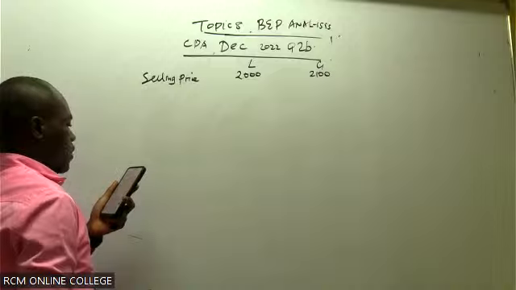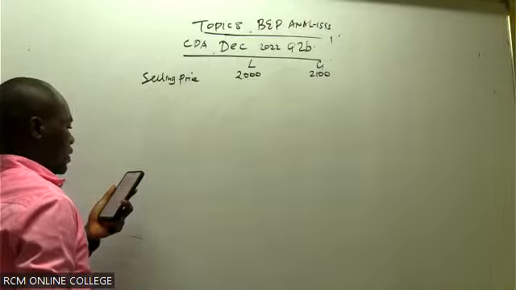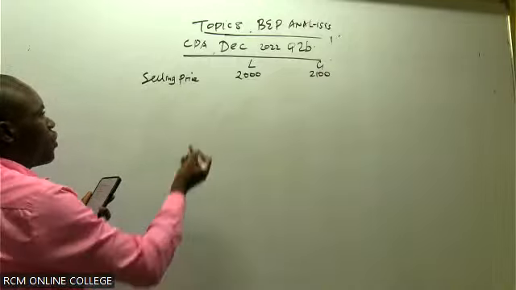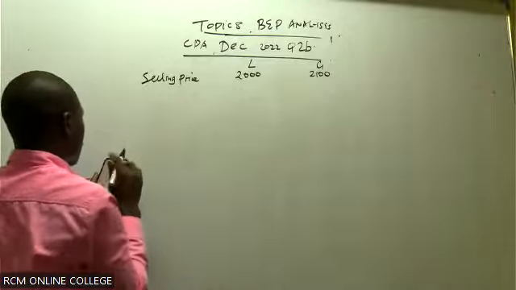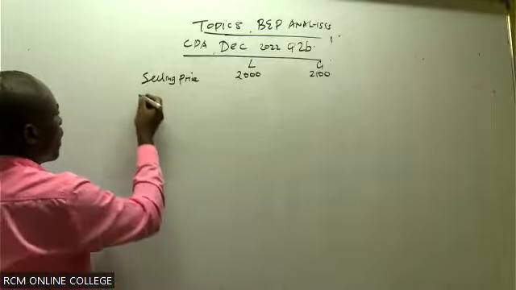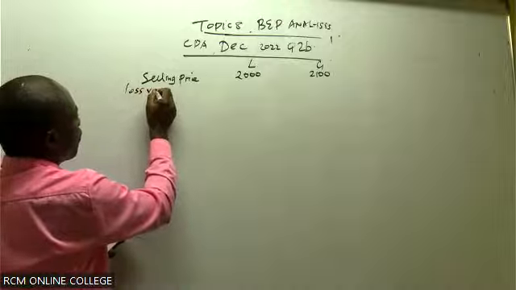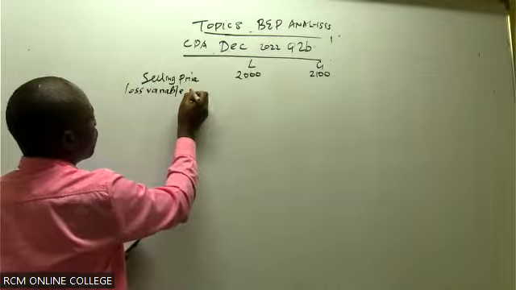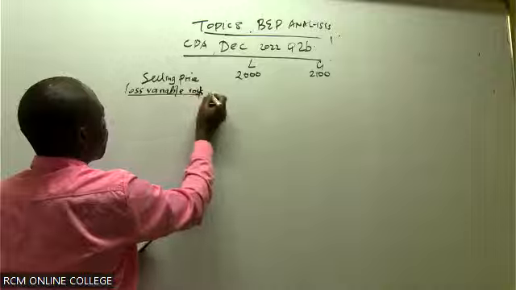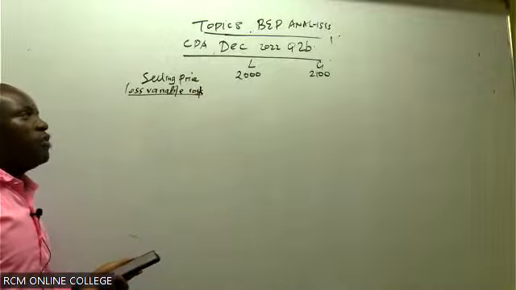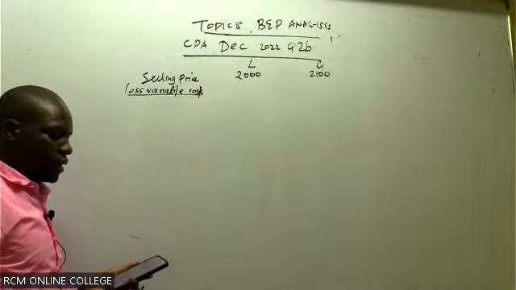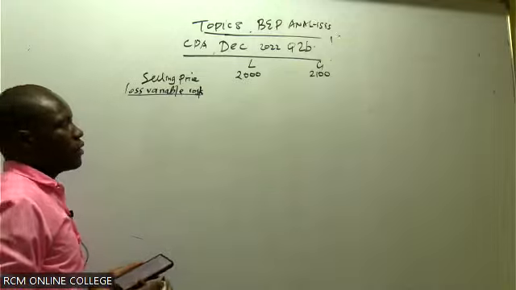Then we are given variable costs per unit. You can decide to put all of them one by one, or you give just a total of variable cost. So less variable cost. Remember, I'm giving you a format whereby you'll be able to get everything at once.